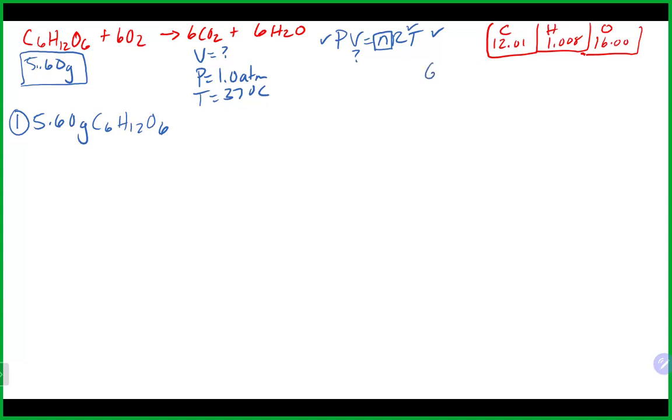That would be 6 of our 12.01 for the carbon, plus 12 of our 1.008 for our hydrogen, plus 6 of our 16 for the oxygens. And I believe that's going to get us 208.8, I believe.